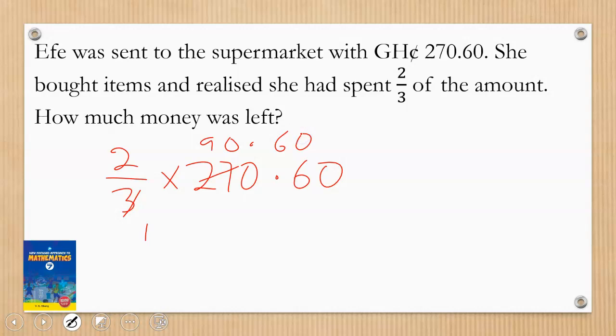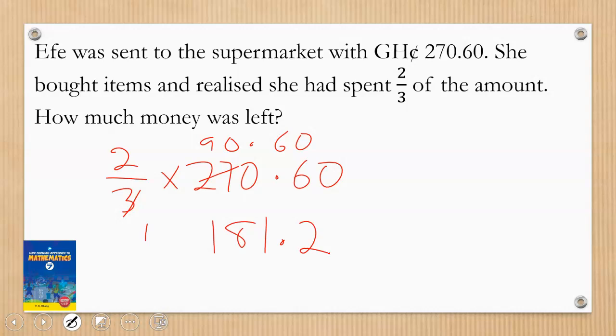All right, so if you multiply 90.60 times 2, the answer will give us 181.20.